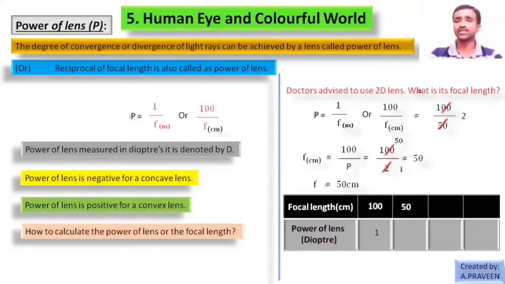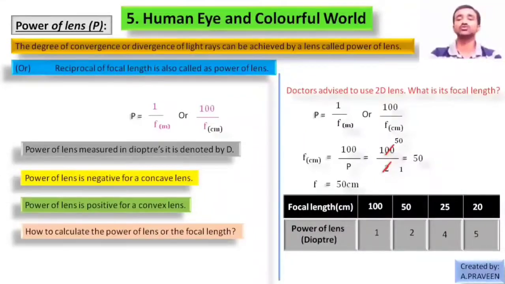So I got power of lens as 2. Let us drop that value in the table. Then if you take 25 centimeters as the focal length, 100 by 25 will give you 4. So without calculation also, we are able to say that. If the focal length is assumed as 20 centimeters, then the power of lens will be 100 by 20, that will be given as 5.